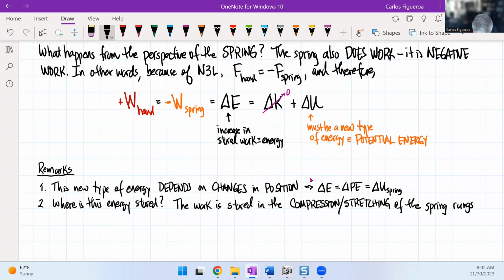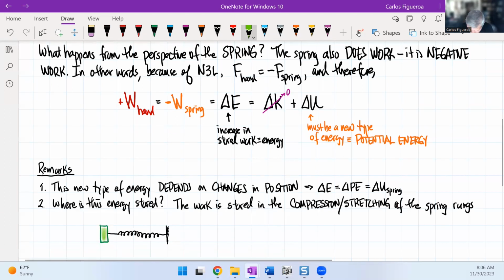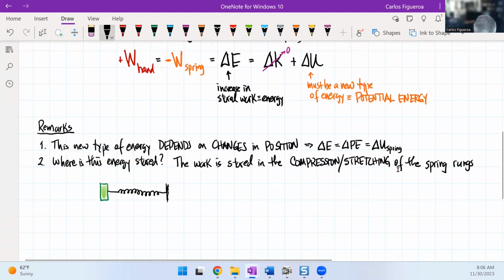So if I have a spring, and if I look at this guy right here, so if I set this to be some distance here, and now I compress the spring.